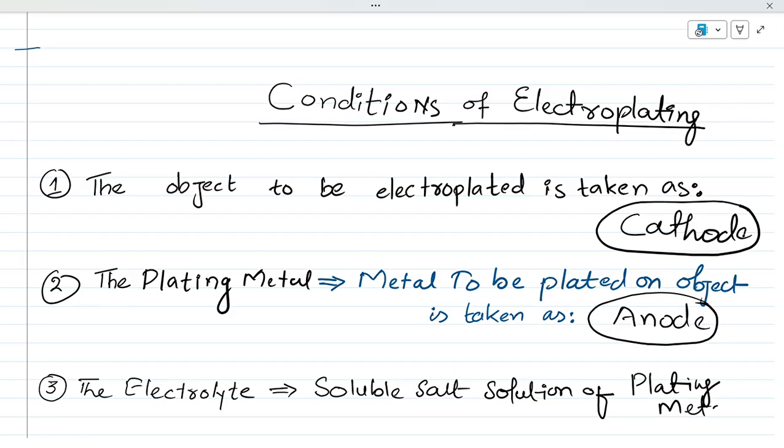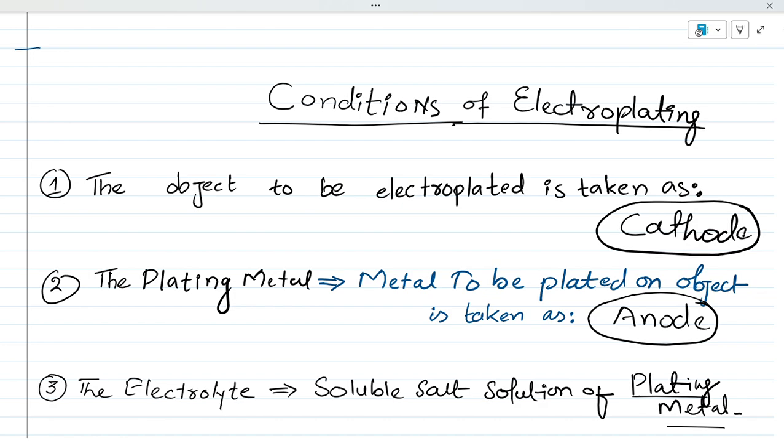Insoluble salts like silver chloride and lead chloride cannot be used as an electrolyte. In place of silver chloride, we can use silver nitrate or any other soluble salt.